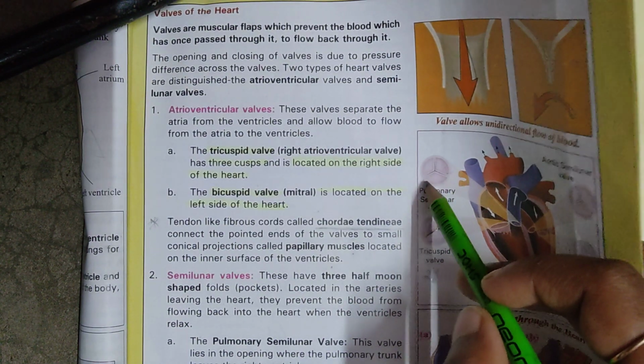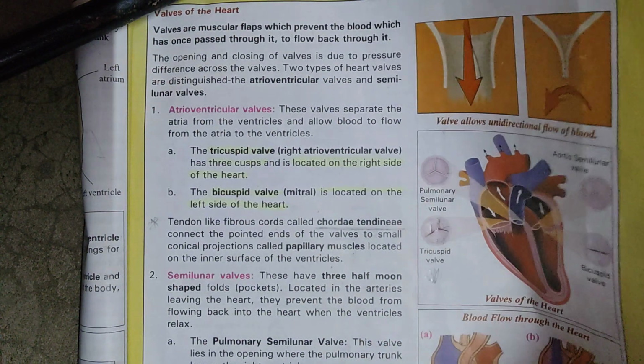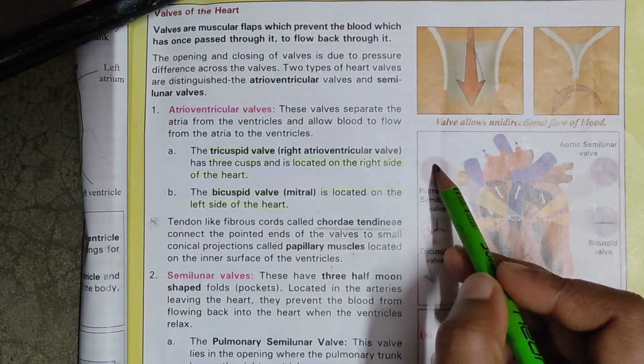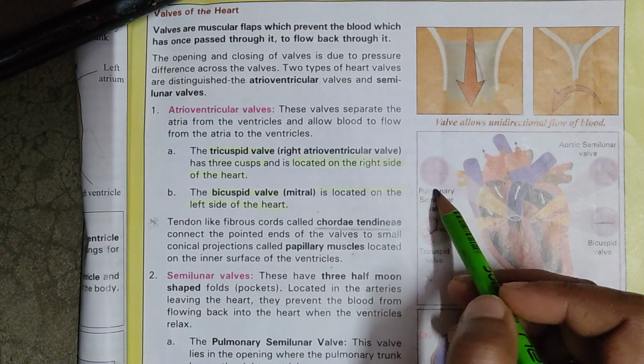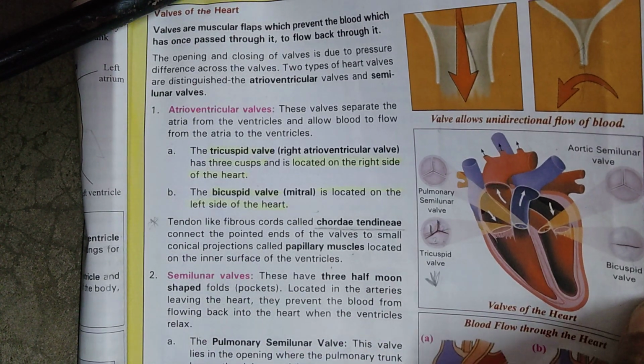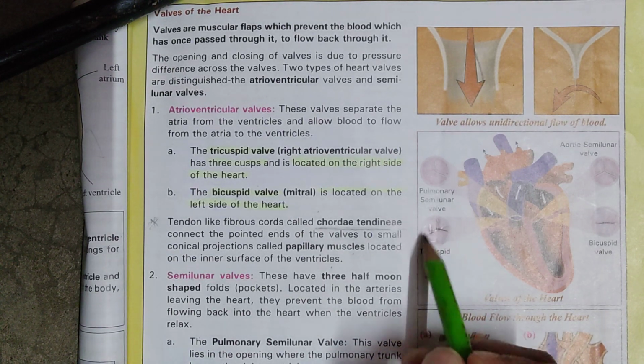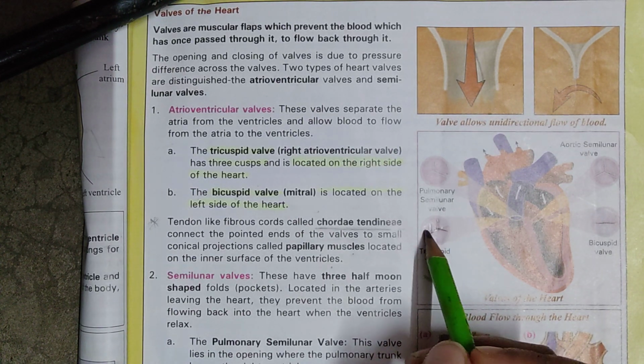This is half moon shaped. Here the sizes of these three cusps are exactly the same, but in the tricuspid valve you won't find cusps of similar size. This is different, this is smaller than this.